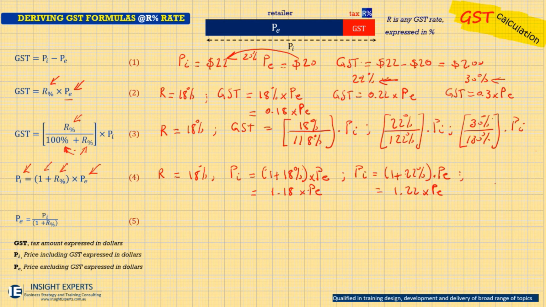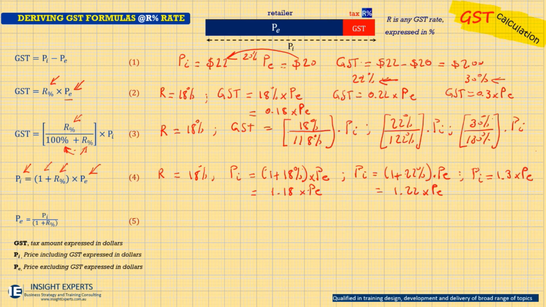And for 30%, PI becomes equal to 1.3 times the price excluding GST, and so on.